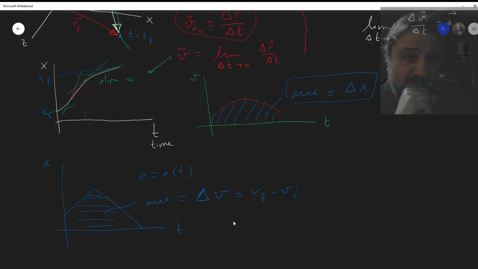And the main topic today is Newton's second law. Once we have this concept of acceleration, which has to do with the change in velocity, now we think, okay, why do we have acceleration, or why does velocity change in the first place? If you go back to Newton's first law, if the net force on an object is 0, the object will have a constant velocity.